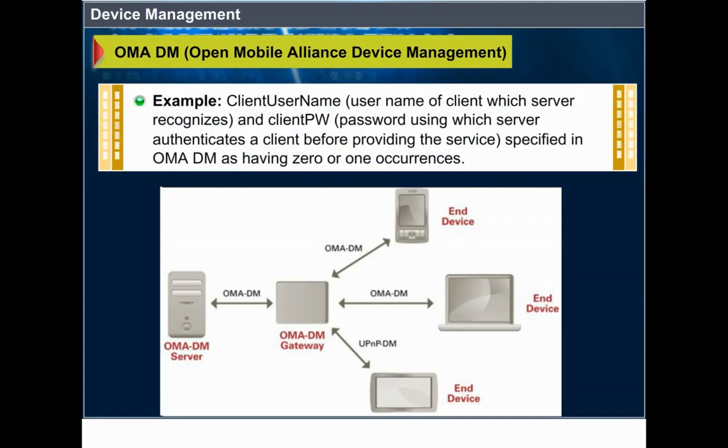Example, client username, the username of the client which the server recognizes, and client PW, the password using which the server authenticates a client before providing the service, are specified in OMA-DM as having 0 or 1 occurrences.